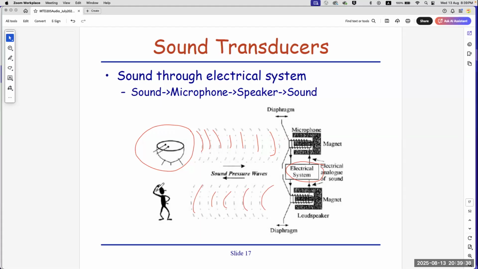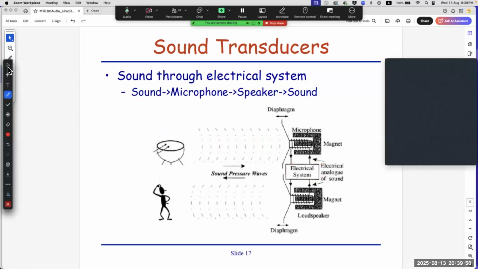In topic 4, we'll talk about the ear structure of the human, but that is later on. So this is from sound to microphone, then from microphone, manipulate, become speaker, and produce sound out. This is the whole series of a sound system.